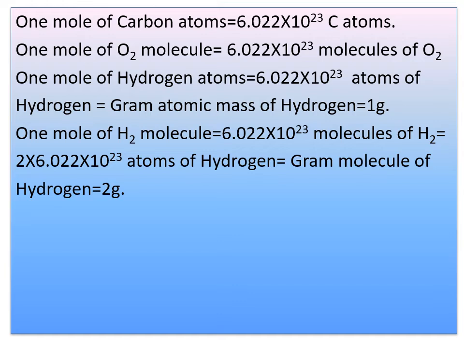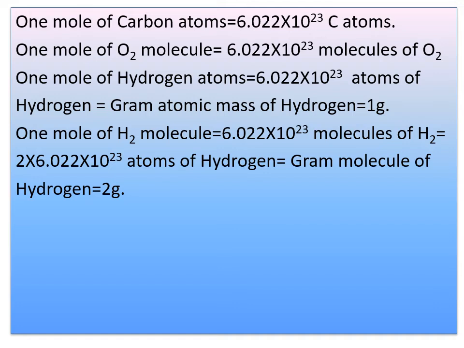When you go with 1 mole of O2 molecule, it consists of 6.022 into 10 power 23 molecules of oxygen. That means here O2. When you go with 1 mole of H2O molecule, it consists of 6.022 into 10 power 23 molecules of H2O. Similarly, 1 mole of CO2 molecules consists of 6.022 into 10 power 23 molecules of CO2.